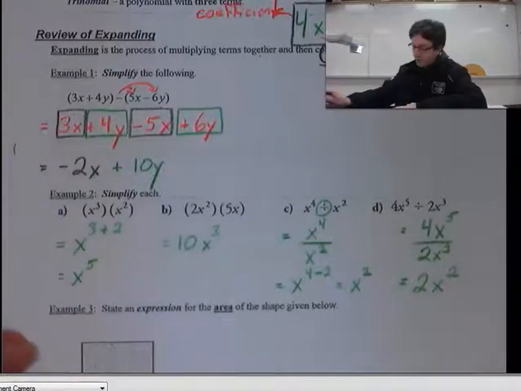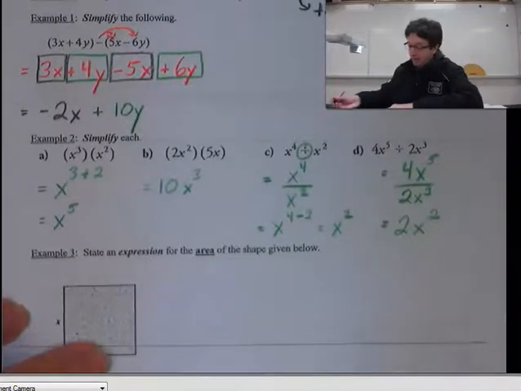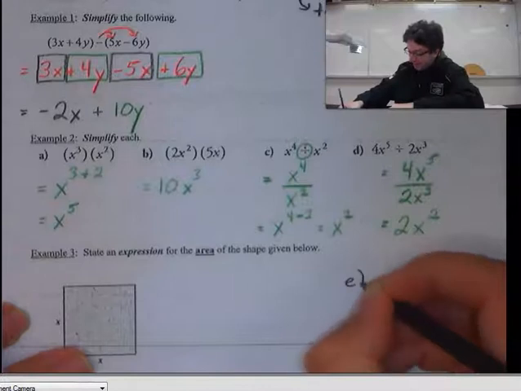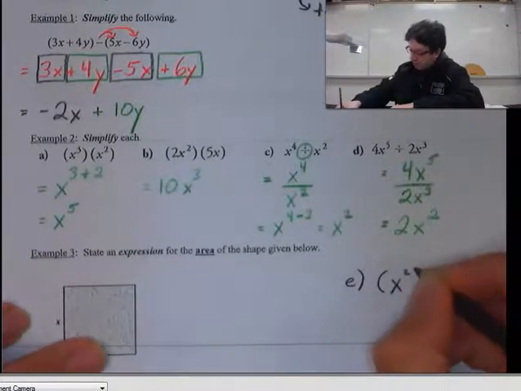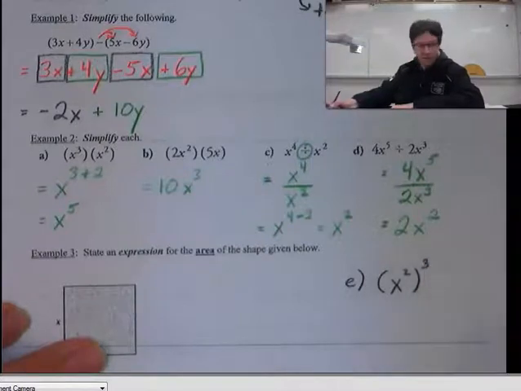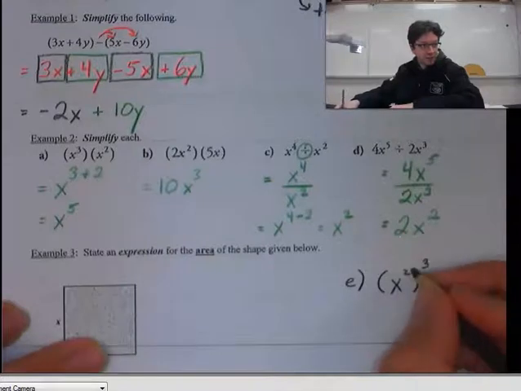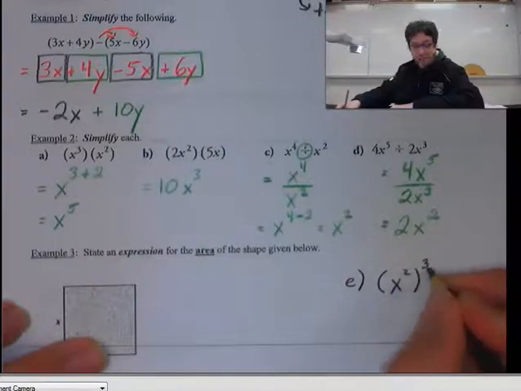Okay, there's one more thing I wanted to go over, just in case we need it, which is our third exponent rule. So I'm just going to create a part E here. If we had, say, x to the power of 2 to the power of 3, anytime you have a power to the power of something, an exponent to another exponent, you multiply the exponents, because this is the same thing as saying x squared times itself 3 times.